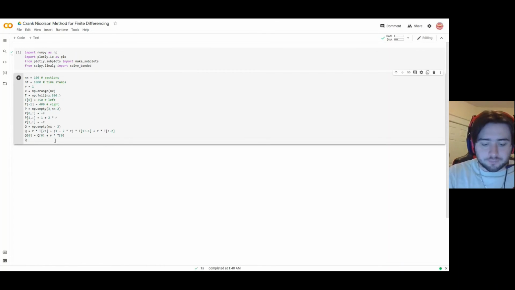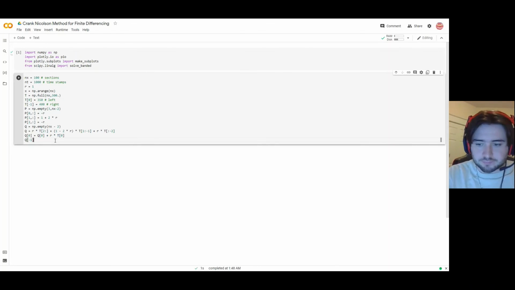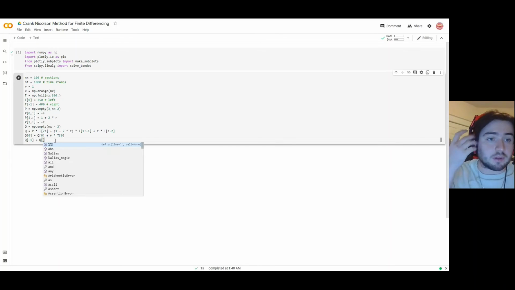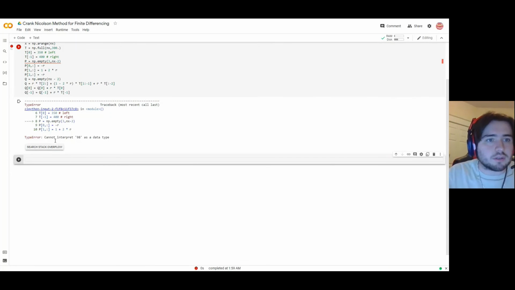Now we define our Q of negative 1 is equal to, showing how we're going to add to it, like whenever the for loop happens. Okay. Should work.